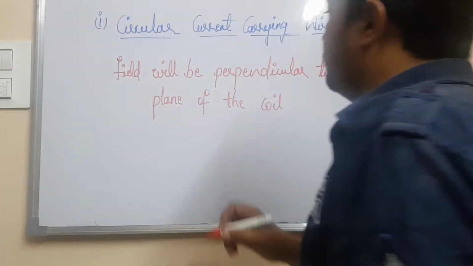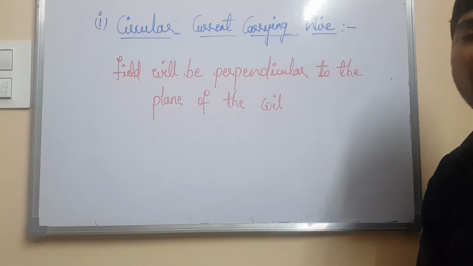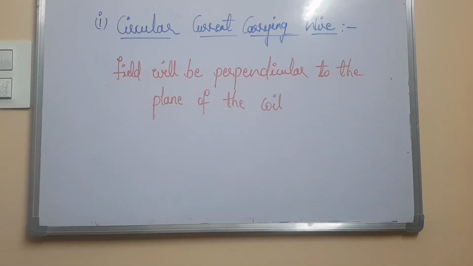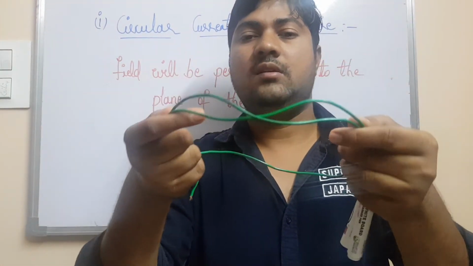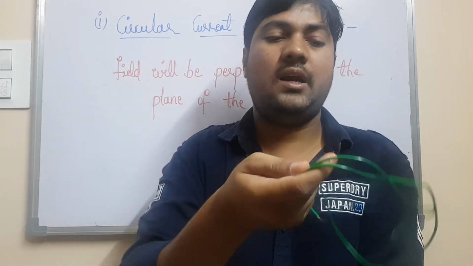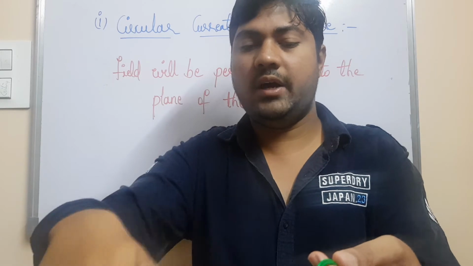For example, if you take this circular current carrying wire, current is moving around the wire in this direction.